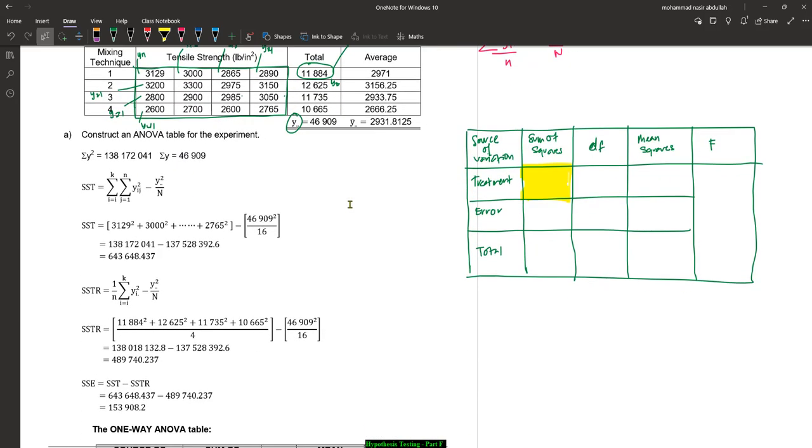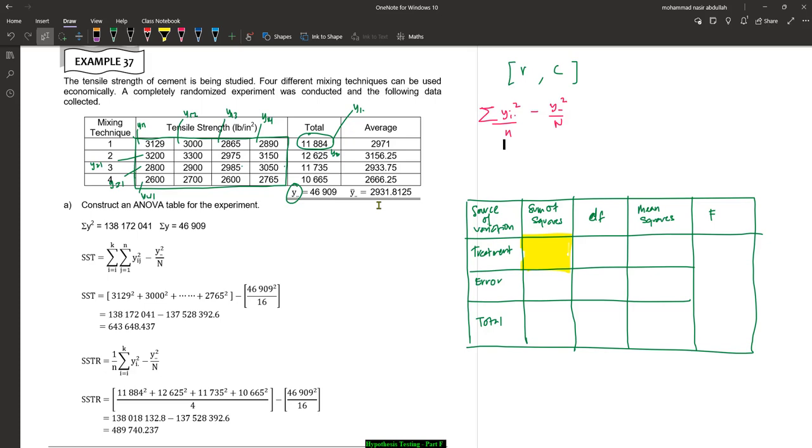So dekat sini y I dot means that this is y 1 dot, this is y 2 dot, y 3 dot, y 4 dot, means that the total for each group, means that the first one: 11,884 square divided by 4, right?